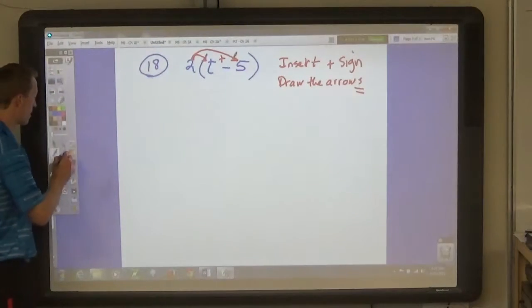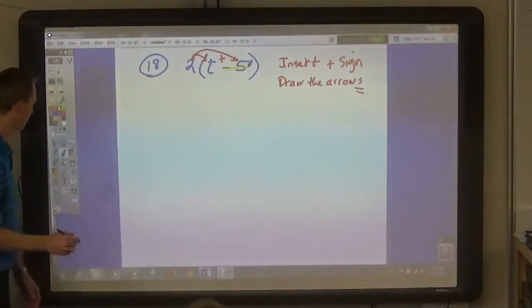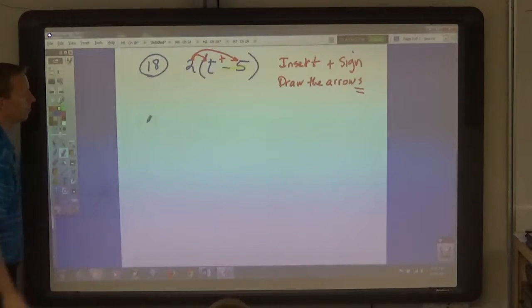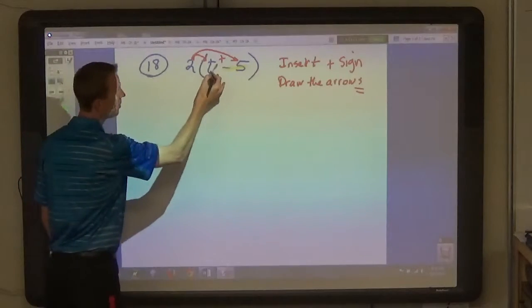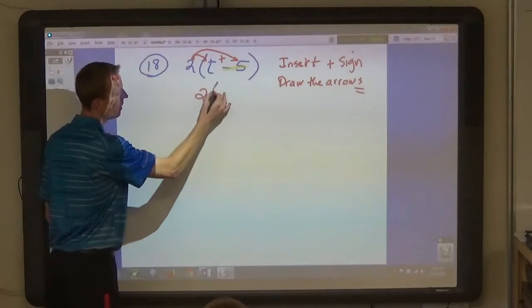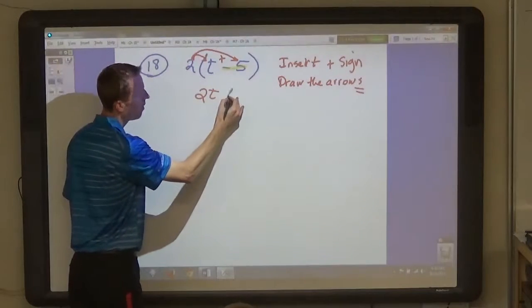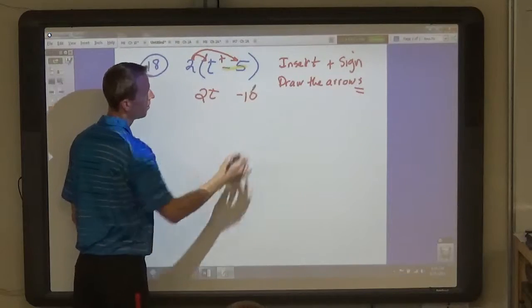Notice that there's a minus sign in front of the plus sign. So we have to do 2 times t, which is 2 t's, and 2 times negative 5, which is negative 10.